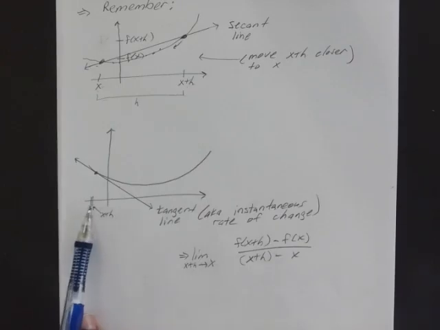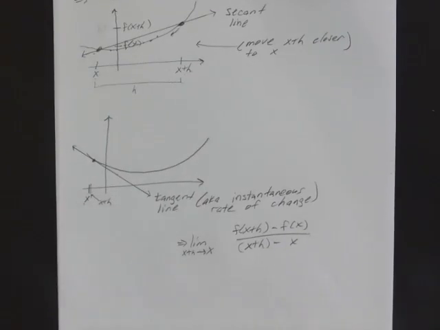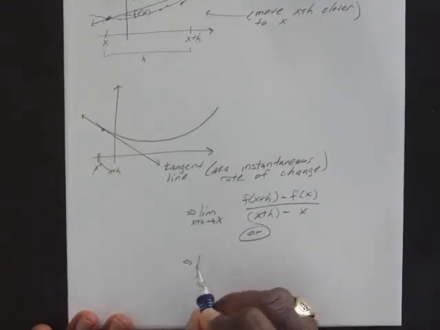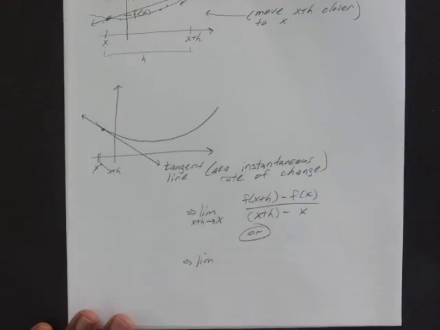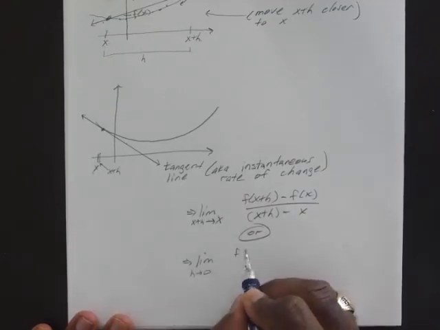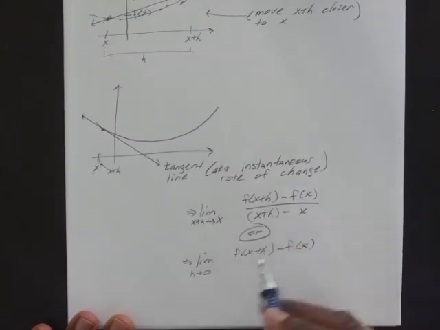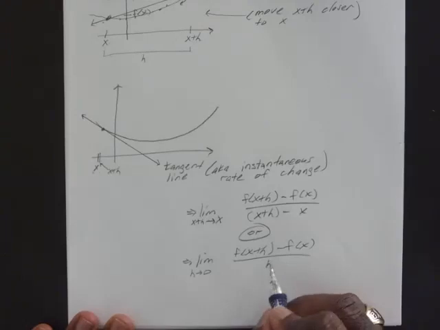We're just taking the distance between them and bringing them closer. Or you could rewrite this as the limit as h approaches 0 of f of x plus h minus f of x all over h.